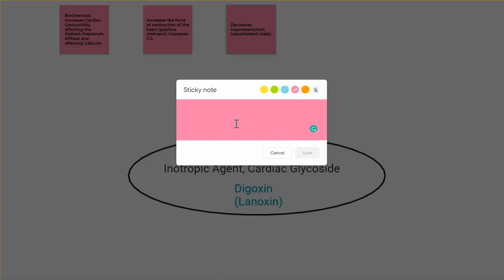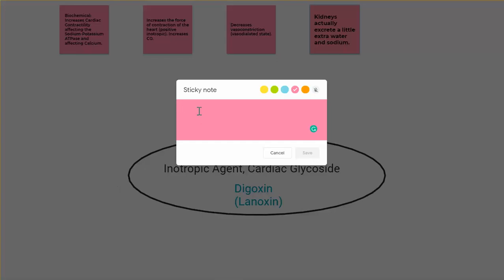This means that there's less of a systemic vascular resistance, meaning that the heart isn't working as hard, okay? The kidneys also can excrete a little extra water and sodium.